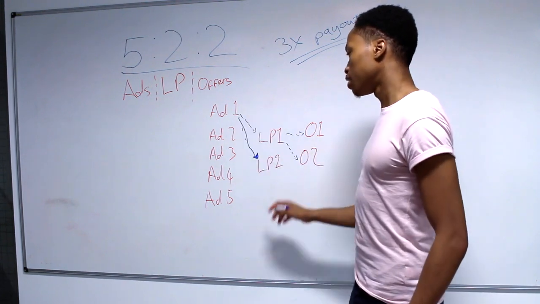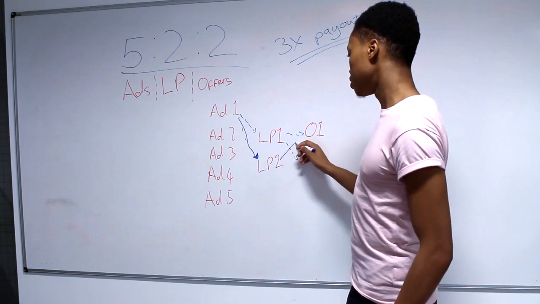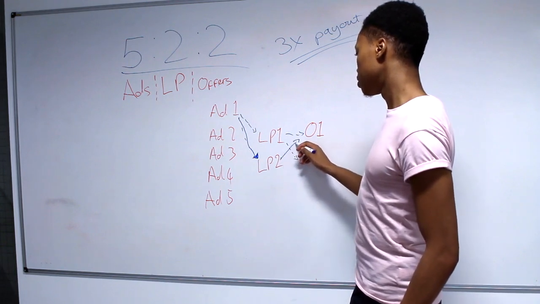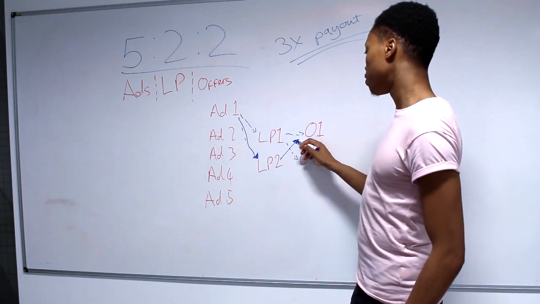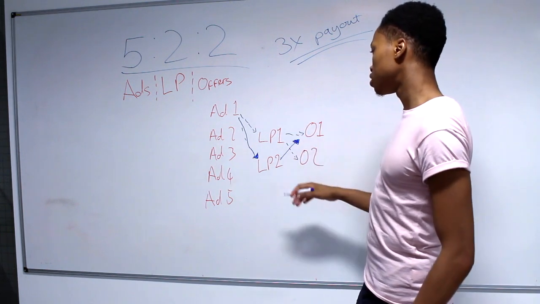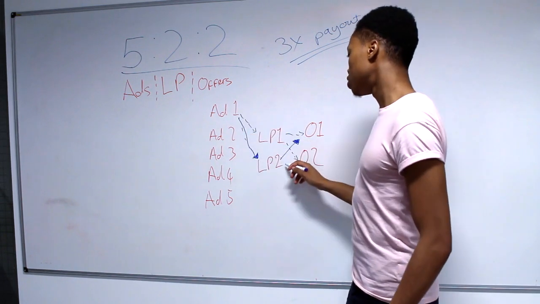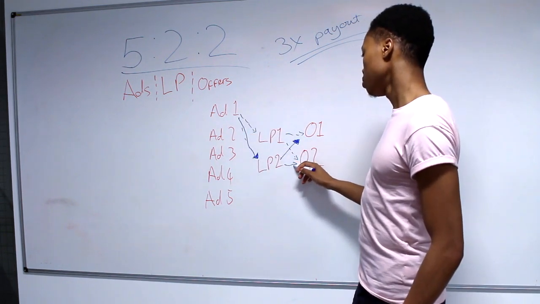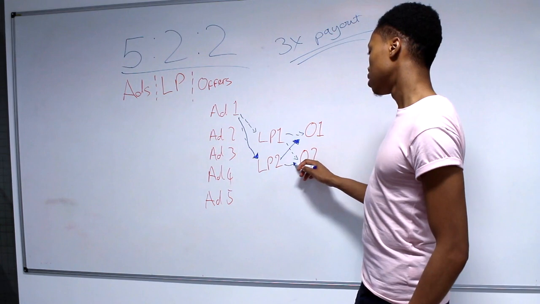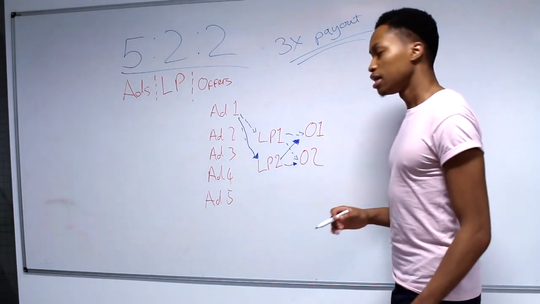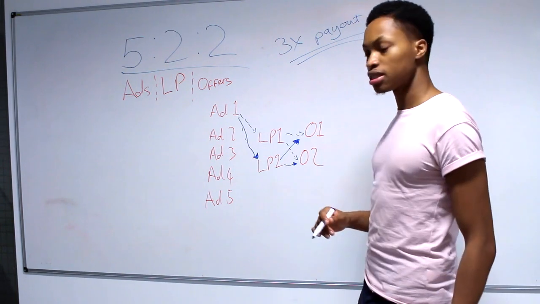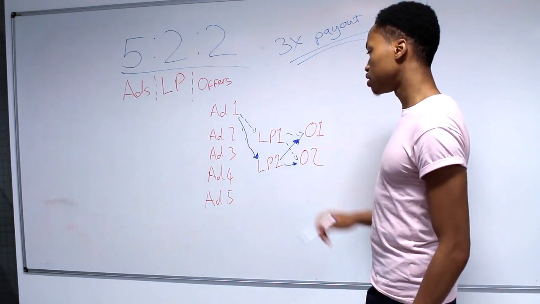So it can also go to ad 1, landing page 2, offer 1. It's basically 3 combinations so far. Ad 1, landing page 2 to offer 2. But it's just one ad, and already you can see that just with one ad, there's 4 different combinations that could be potentially profitable or not profitable.